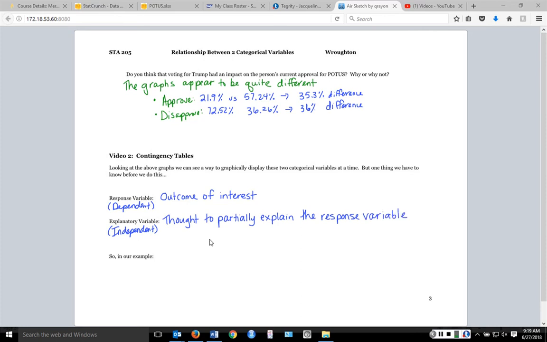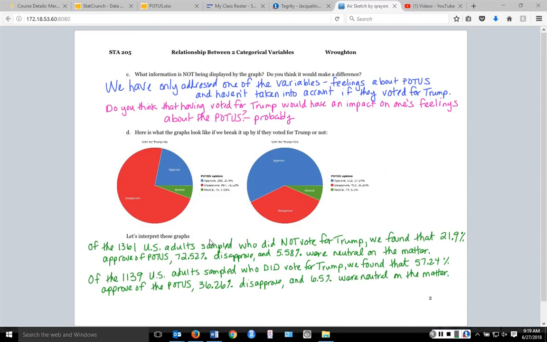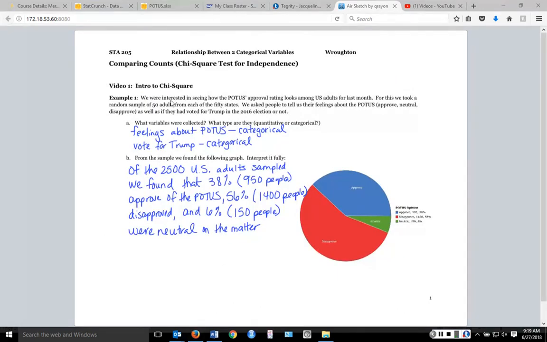So we're going to look at this in reference to our example that we looked at in the first video from Module 5. The two variables that we had were the feelings about the president, and also if they voted for Trump or not. If I go back and look at the problem more specifically, I can really see what my goal or my response variable is. We are interested in seeing how the president's approval rating looks among U.S. adults. So I really care most about if they approve of the president or not.